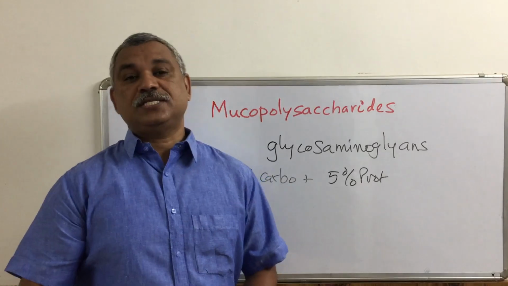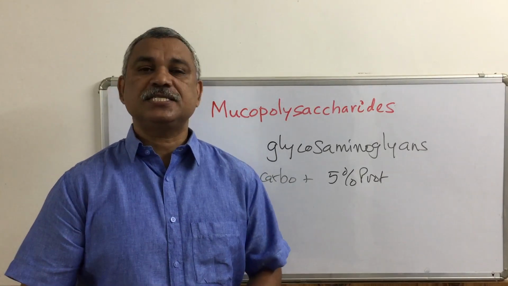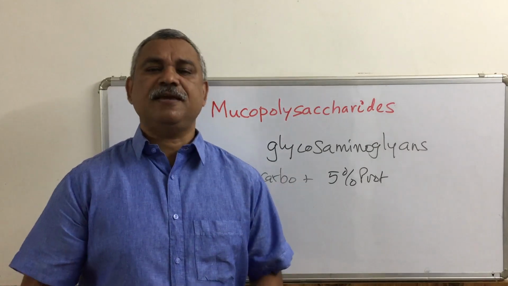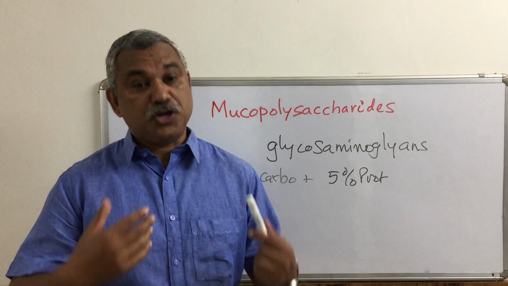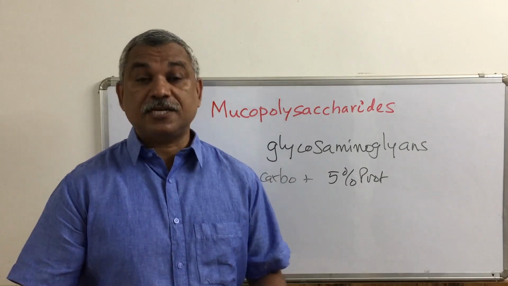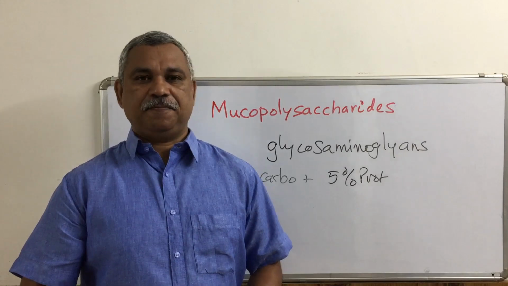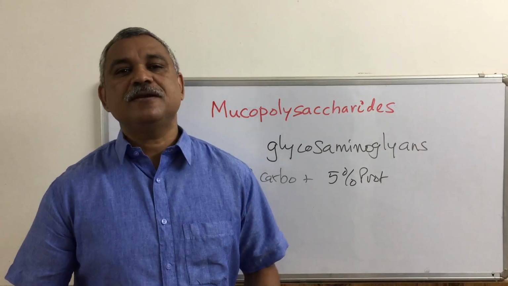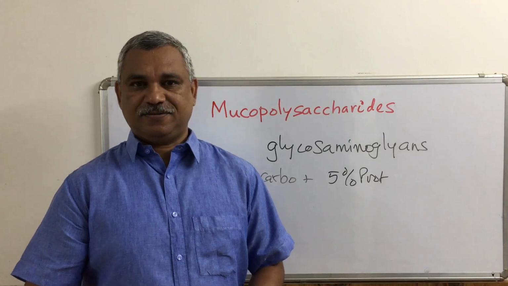They are also known as proteoglycans, and these are substances that are present in living systems, especially in human beings, in animal systems, vertebrates, invertebrates, as well as in bacteria. They have not been reported so far in plant species.